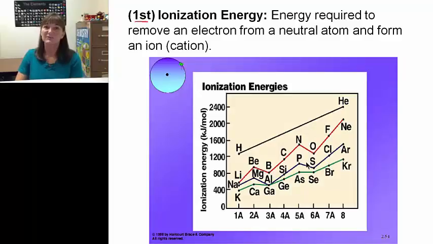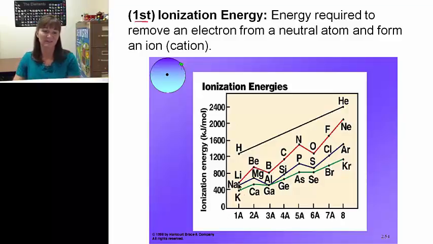If we look at some trends on the periodic table, let's just look at our first period. In our first period, we only have two elements, hydrogen and helium. And what would we say about the ionization energy as you move from left to right? So let's look at our labels on our axes. Along our x-axis, we've got the group number increasing, and along the y-axis, we have ionization energy in kilojoules per mole.